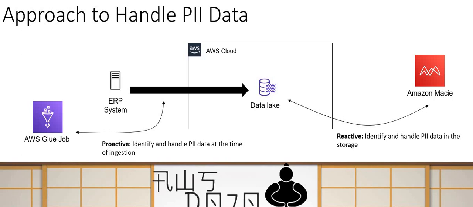There is an AWS service, Amazon Macie, which can do this kind of reactive approach, where it can look into your data lake S3 buckets, identify the PII information, and alert about it.